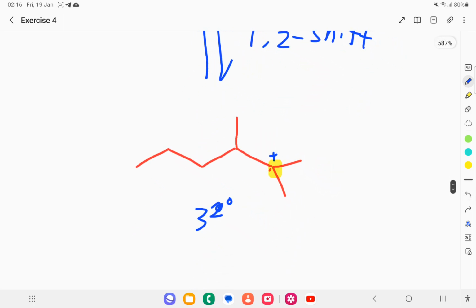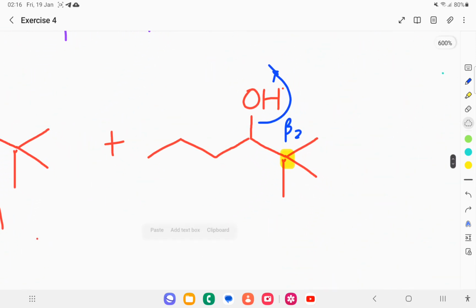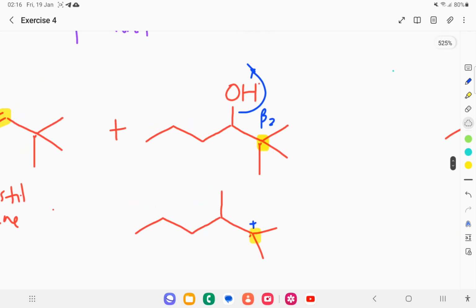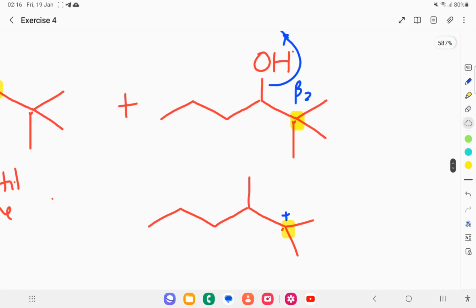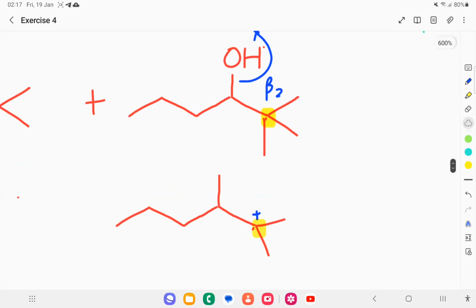Then only can we use this carbocation to form the second product. I copy this structure and paste it here. So the last product, or the second product, is the rearranged product. Wait, where is the OH?